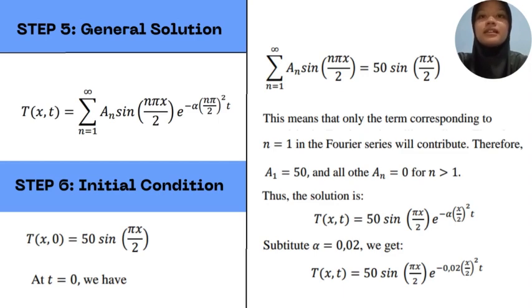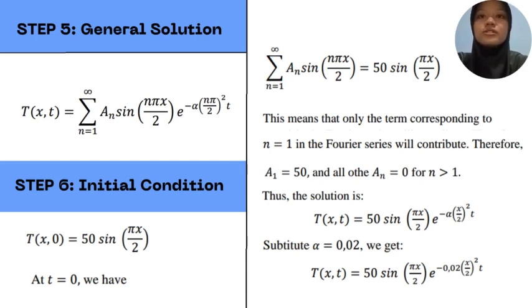This means that only the term corresponding to n equal to 1 in the Fourier series will contribute. Therefore, A1 equal to 5 and all other An equal to 0 for n greater than 1.